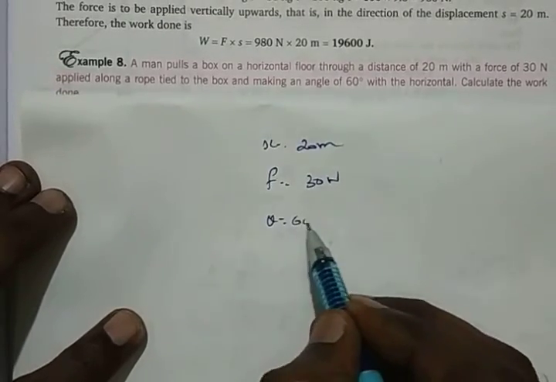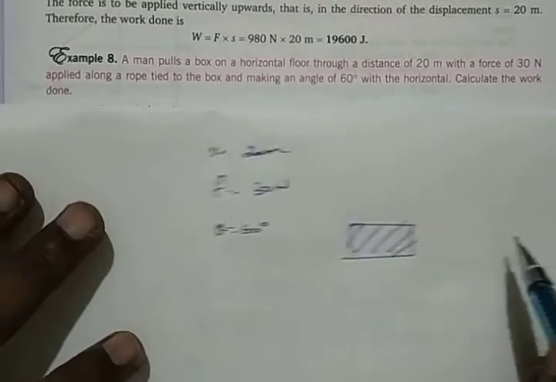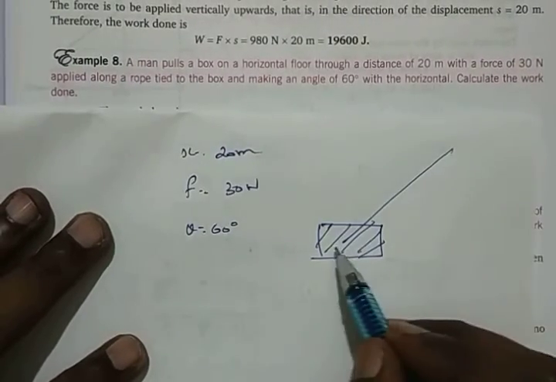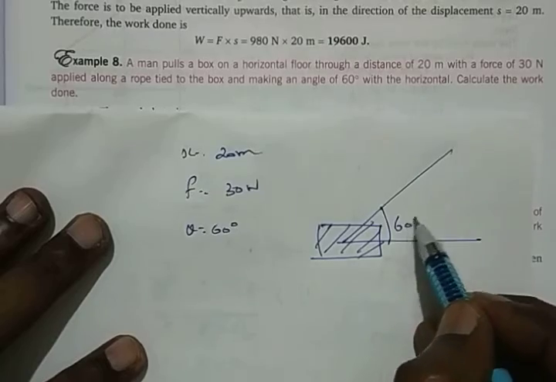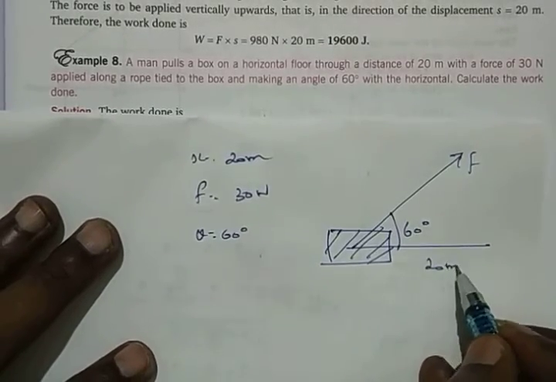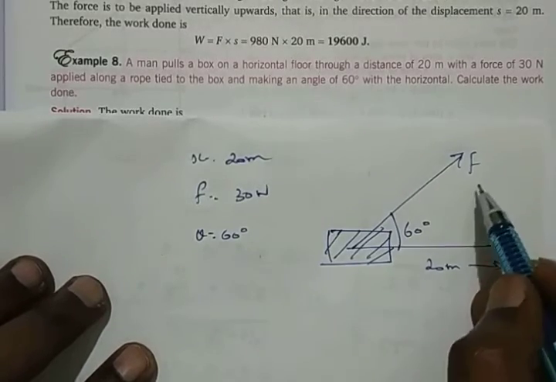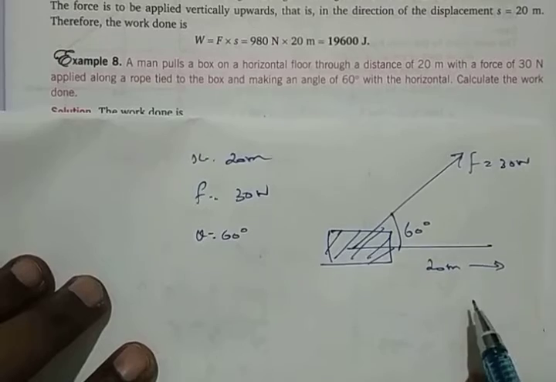Theta is equal to 60 degrees. So here's the box. He is applying a force at 60 degrees, and the box moves 20 meters. And 30 newtons is the value.